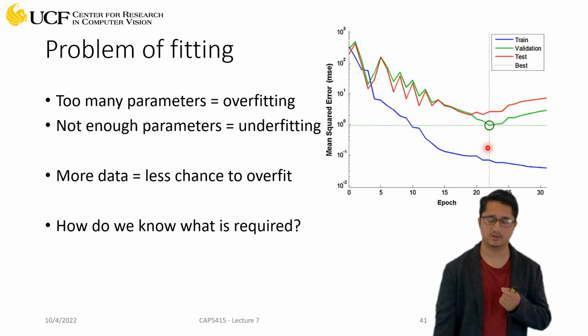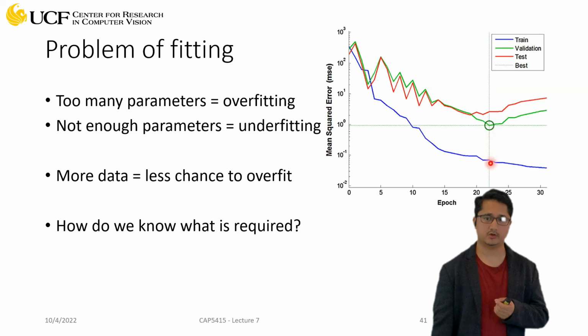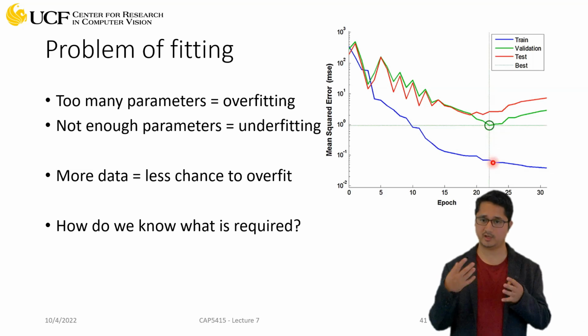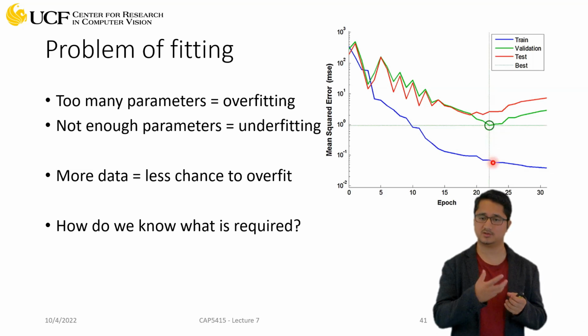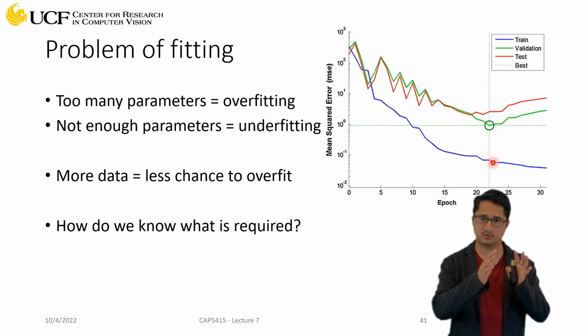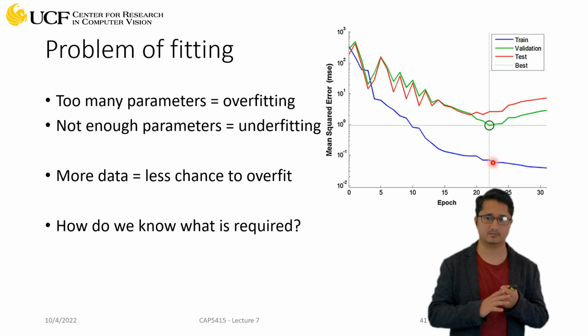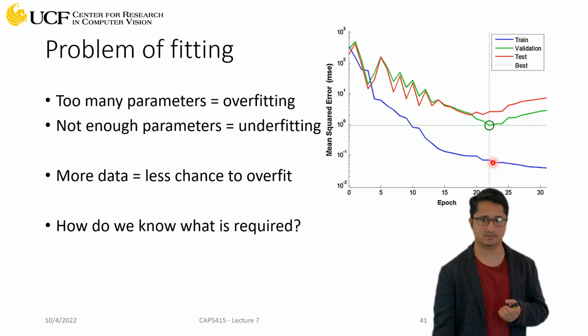And one way to interpret this is, after this point onwards, the network is just trying to overfit on the training samples. It's just trying to learn those samples, or trying to minimize the loss value specifically for those samples. So it's not a generalized learning, because that learning is not being generalized to the testing samples. The loss is increasing there.